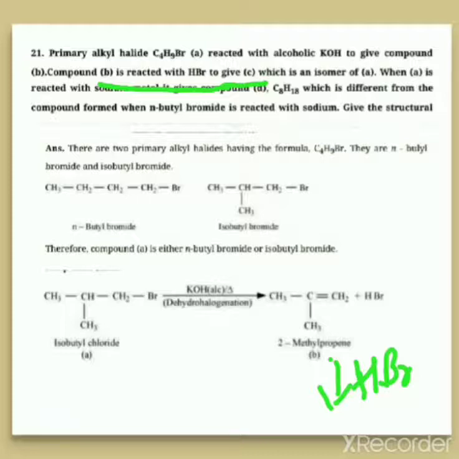The Markovnikov rule says that Br, the negative part, will attach to the carbon which has fewer hydrogens. So Br will attack this carbon, which has fewer hydrogens, and H will attack this carbon.